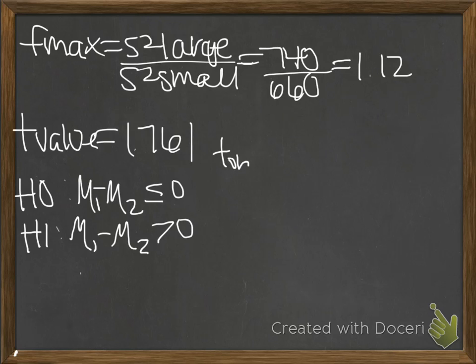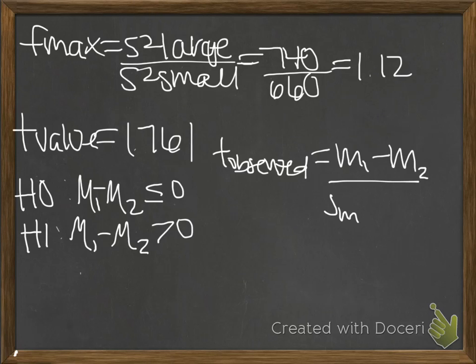So t observed equals M1 minus M2 over s sub M1 minus M2, which is 84 minus 71 over 5.